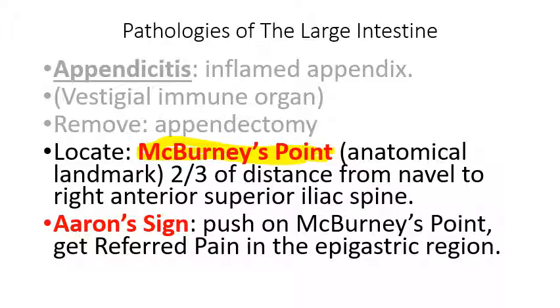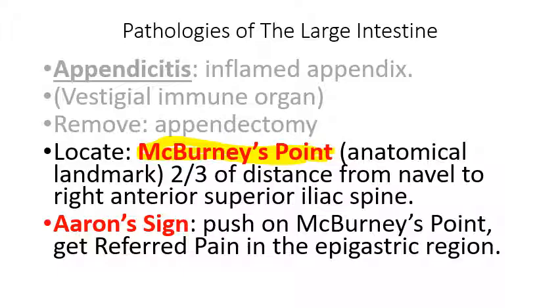Remember that the anterior superior iliac spine is the crest of the pelvis, and you can feel it with your thumb. You can feel it no matter how much adipose tissue you may have there. So if you have a big stomach, you can still feel where the right anterior superior iliac spine is.